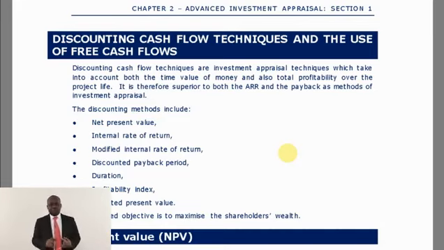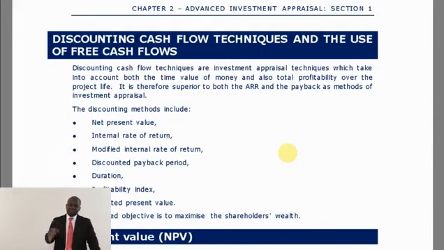For our P4, our syllabus specifically states that we would have to learn the discounting techniques of investment appraisal. What are the discounting techniques? The discounting techniques are those techniques of appraising investment which take into consideration the time value of money and the total profitability of the investment.